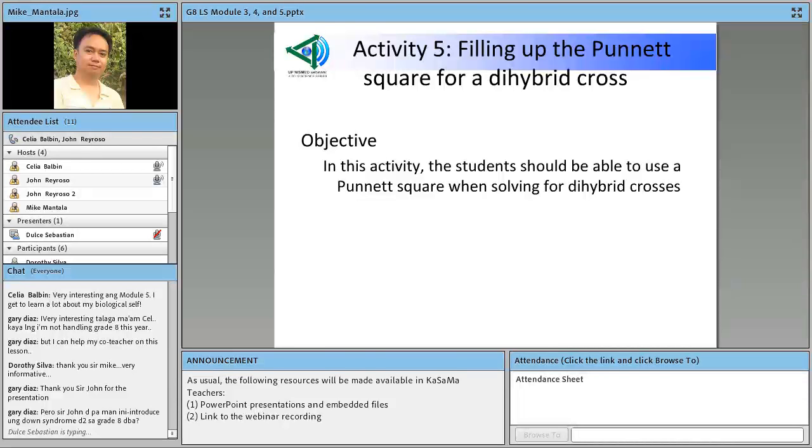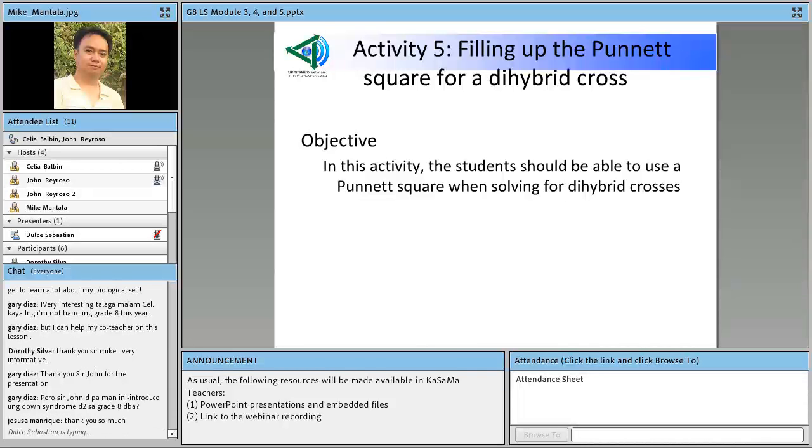We also have 2 participants from Mindanao, si Ma'am Emma Sagking ng Misamis Oriental at si Sir Gary Diaz ng Basilan. So meron tayong Luzon, NCR, Visayas at Mindanao ngayong hapon. Napakagandang occasion ito to bring together our teachers and our teacher educators.